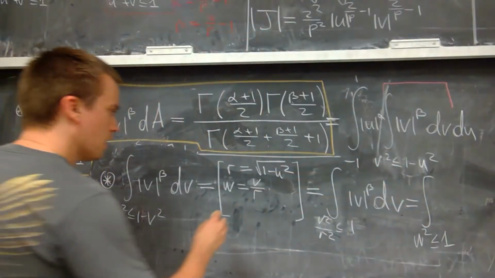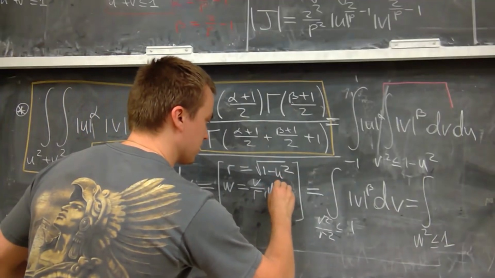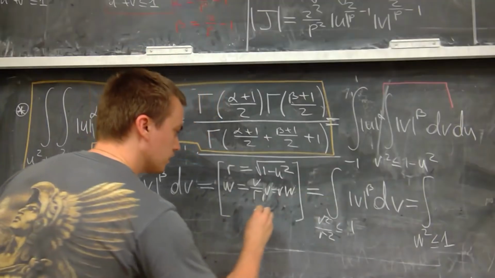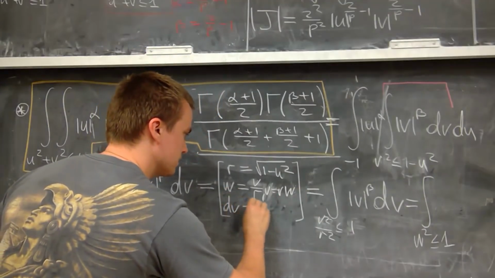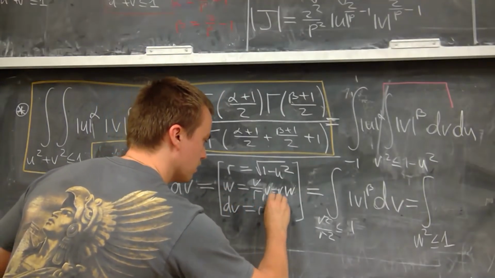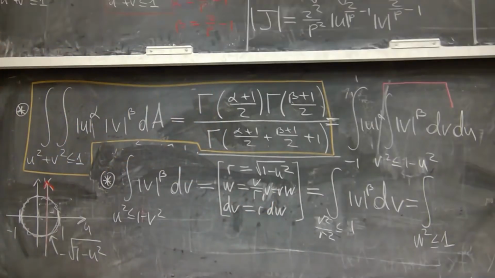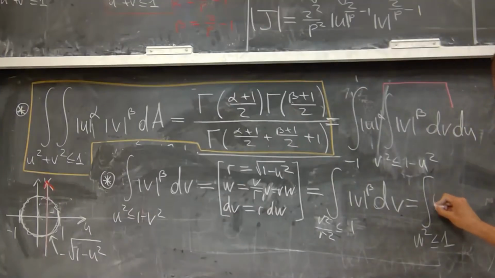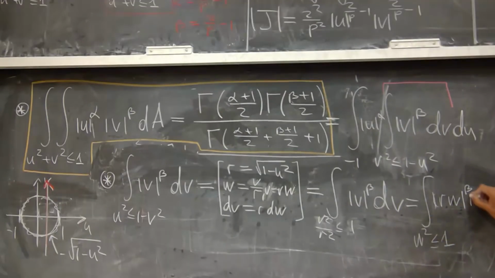And then from here I have that my v equals rw. So dv is equal to r dw. So instead of v, I'm going to plug in rw to the power of beta, and dv will be expanded as r dw.